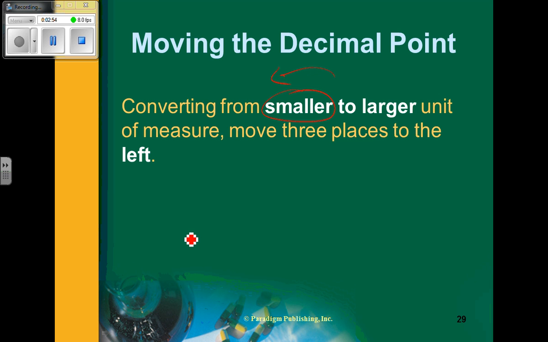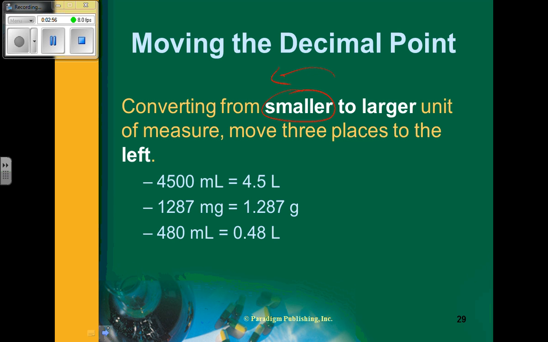Here are some examples. You have the whole number 4,500 milliliters, and you want to move it 3 places to the left: 1, 2, 3, 4.5. So you're going from a smaller unit to a larger unit. Again, smaller unit here, micrograms to grams.